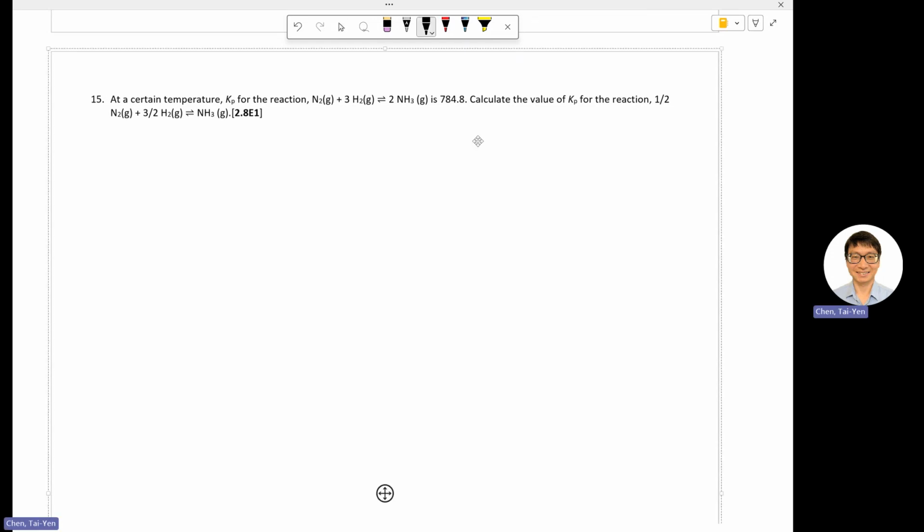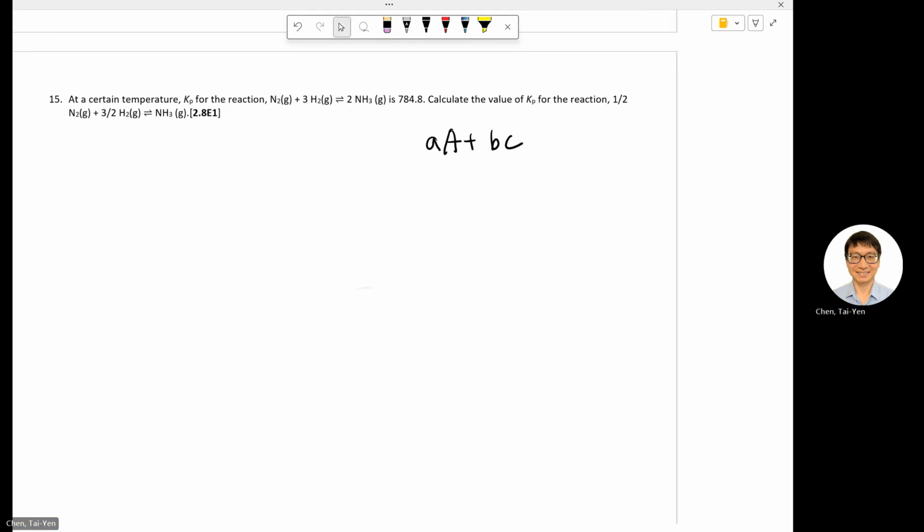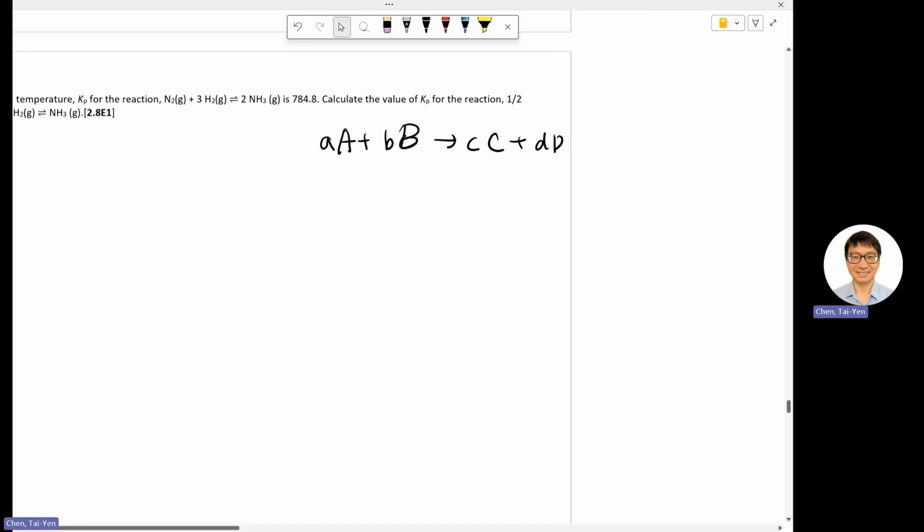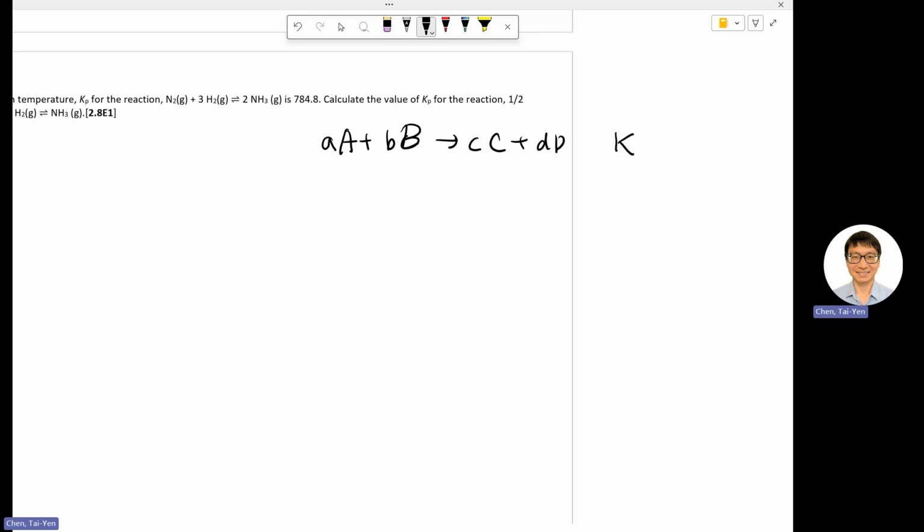The example that we give you is if you have aA plus bB that gives you cC plus dD, then you have an associated equilibrium constant K. If you flip the reaction, what happens to your K? If you do dD plus cC giving aA plus bB, then this becomes K to the -1 power, right?